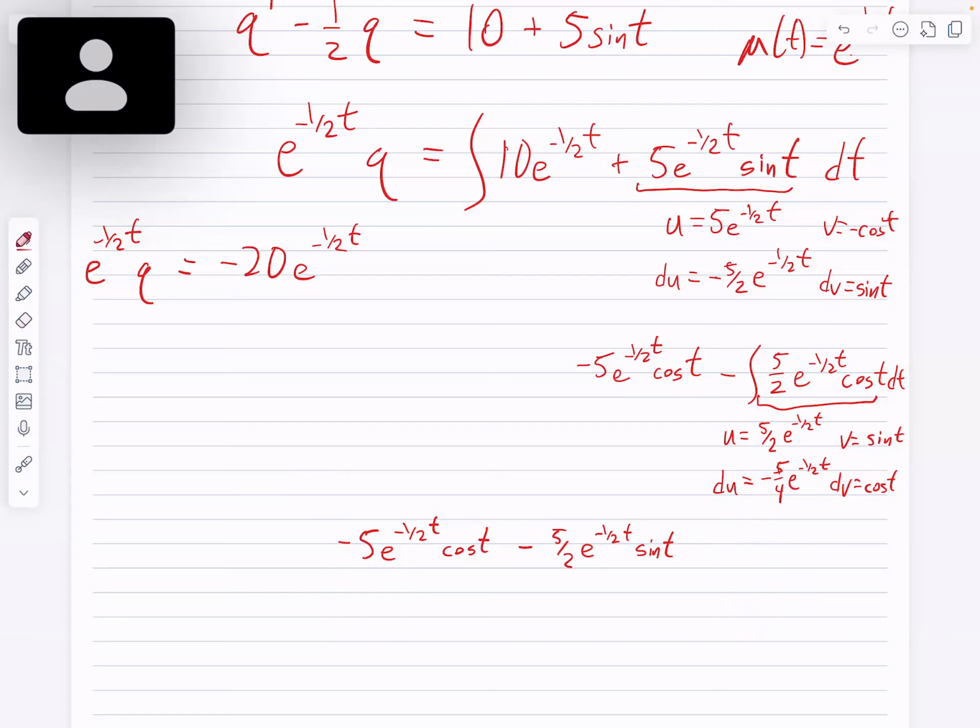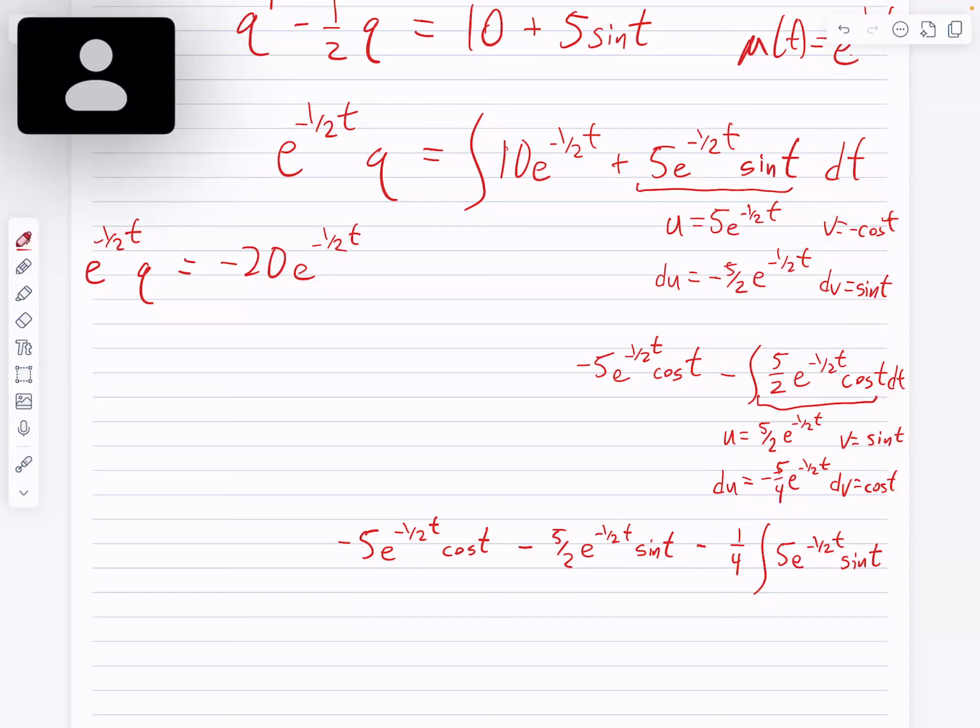Minus, and then I'm going to put the minus, so it's plus 1/4 of 5e to the -1/2 t sine of t. Oh, but then I have to distribute. I always forget this minus. This minus also has to distribute, so that actually should be minus. Be very careful. Okay, that is minus.